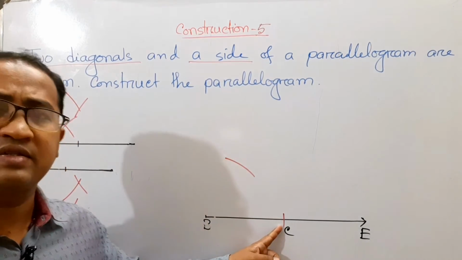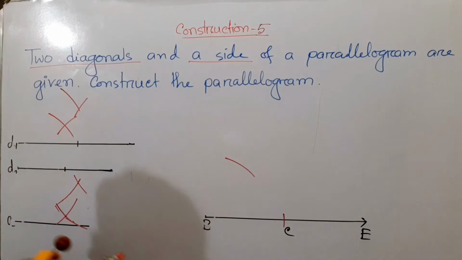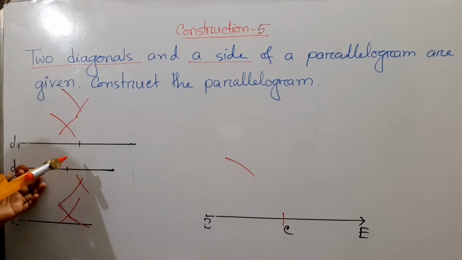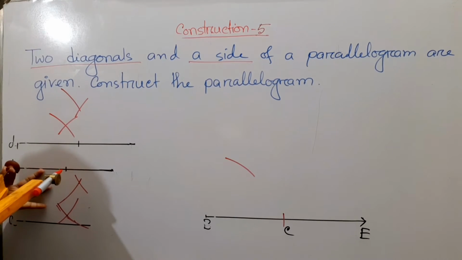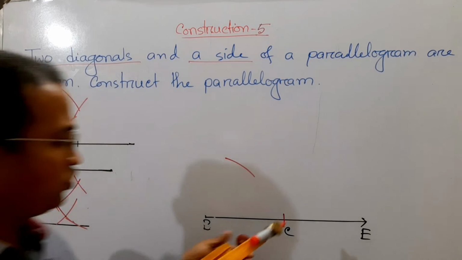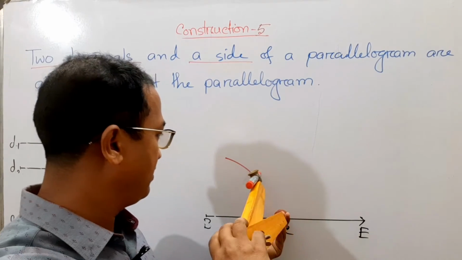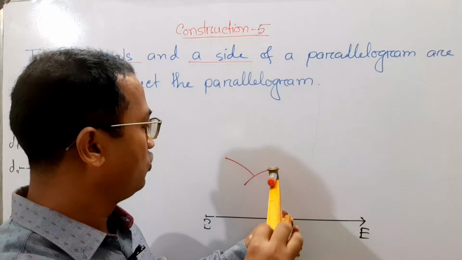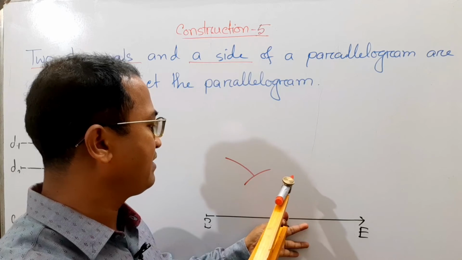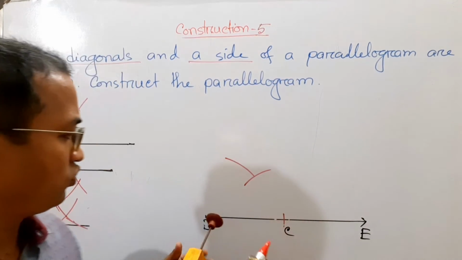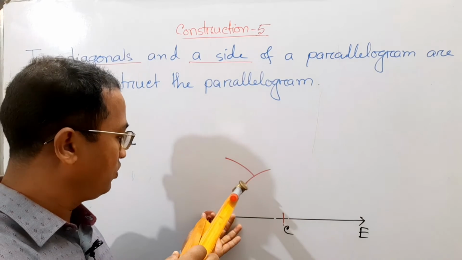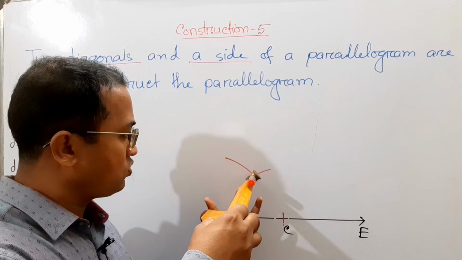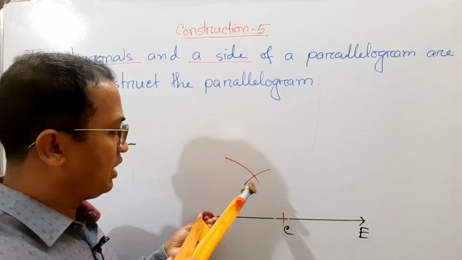Now with centering C, with the radius half of D2, we will draw another arc which cuts the previous arc at O.